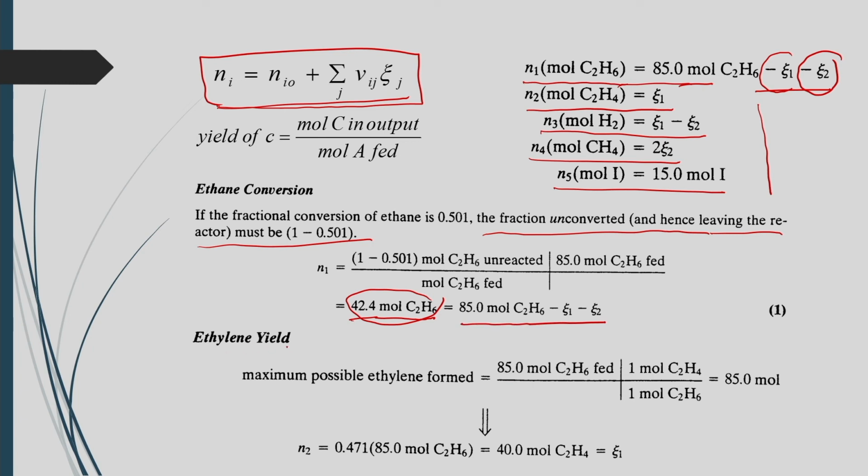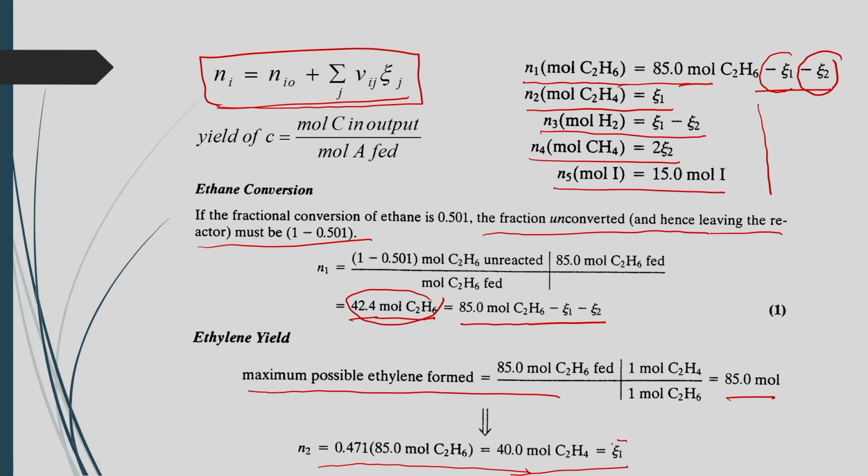Similarly, ethylene yield will be represented by this equation. It will be 85 moles as per definition. Then N2 will be defined as 0.471 into 85, which as per the extent of reaction concept equals 40 mole of ethylene, that will be equal to Xi1.